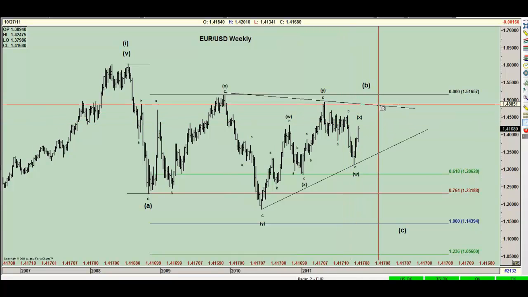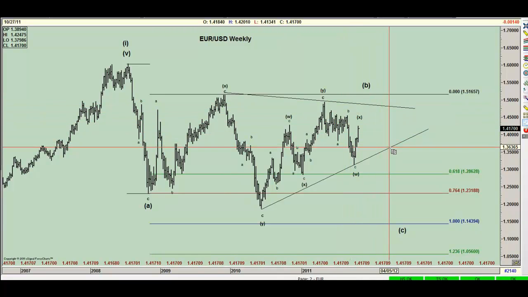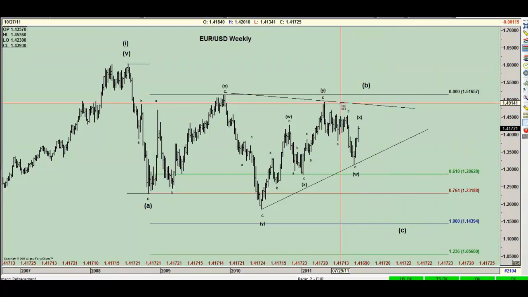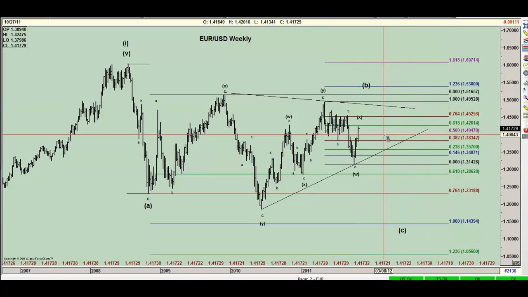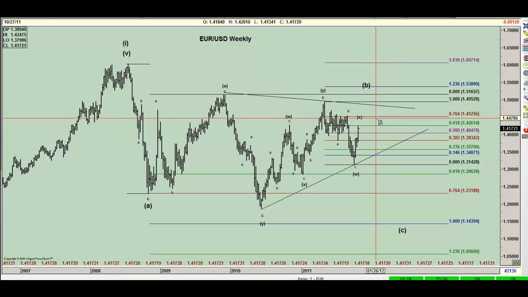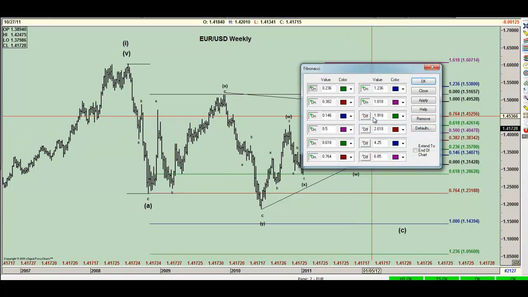No matter what, the euro should test this trend line or close to here at the minimum on the less bearish scenario. Now, which level can we see if it's the bearish triangle? Because we are in the E-way. Yesterday's high was the 618 of the proposal D or close to it, and it can be 45.25 or 44.30 area when these two legs are equal. So from there, the euro should drop.